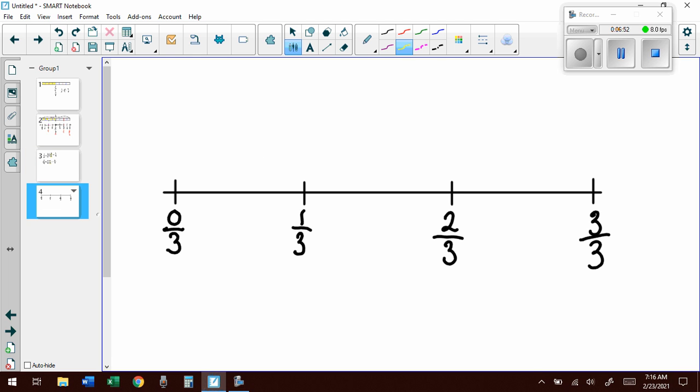Now let's just look at a number line. Just a number line, no tape diagram for this one. We have a number line partitioned into thirds. What happens if I partition each third into 4 equal parts?